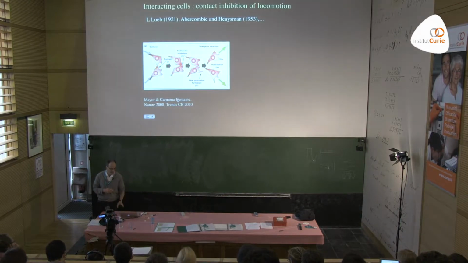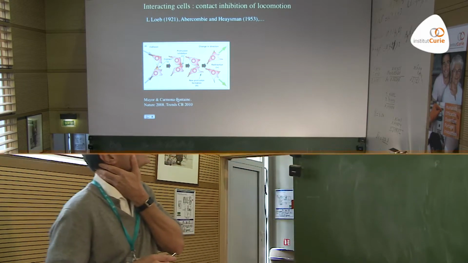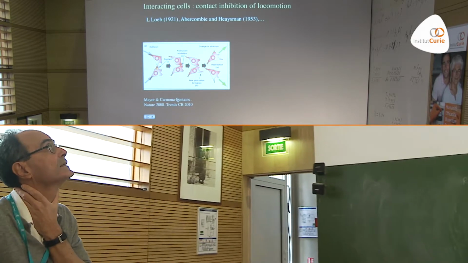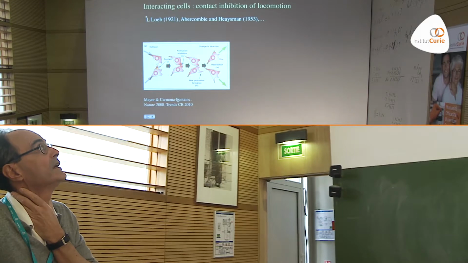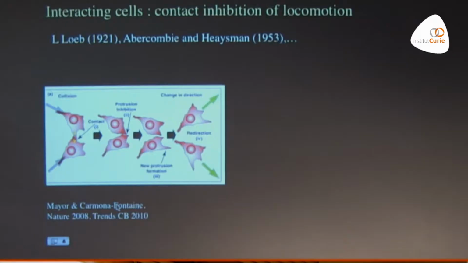motion. And the first thing that was described a long time ago, actually in 1921 by Leo Loeb, is a very important process. It's called contact inhibition. And this was really studied in great detail by Abercrombie and his collaborators in the 50s.